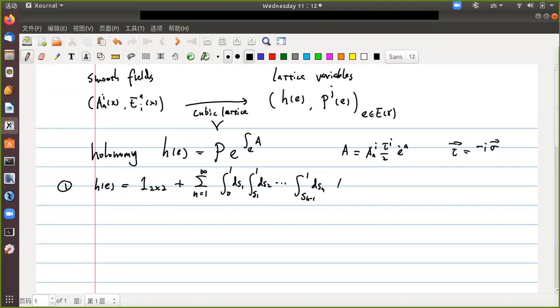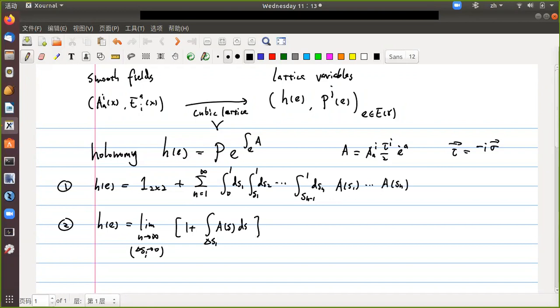And formula two: this h_e is given by a limit as n goes to infinity, for delta s going to 0, of the product of (1 plus A(s_i) delta s_i).